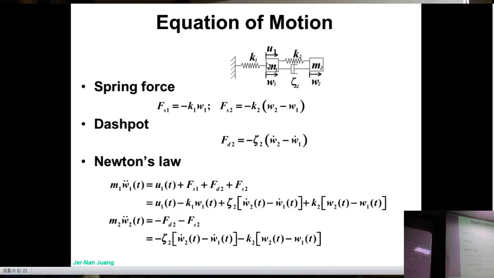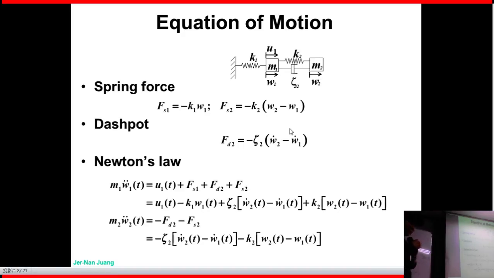And we assume that K1 and M1 are the system, and we want to avoid damaging the structure when the external forces come in. The external forces can be strong wind, can be an earthquake. That's the purpose. So here we have Newton's law, the spring force and the dashpot force. The dashpot force is always proportional to the velocity, because anything proportional to velocity will take energy out of your external forces.